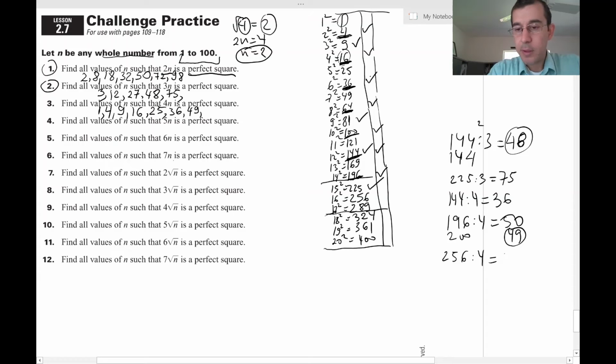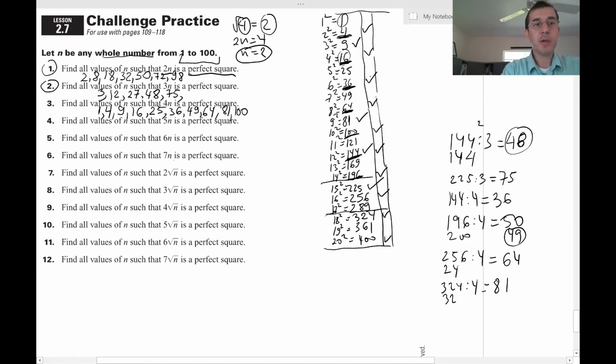If we do 6 here, 6 times 4 is 24, and we have 16, so 64. So n is 64. This is 256. Then 289 is not. 324 divided by 4, that's 8. 4 times 8 is 320, and then 4, 1 here, 81. So 81. That's 324. And then 361 is not, and then 400 divided by 4 is 100, so 100.